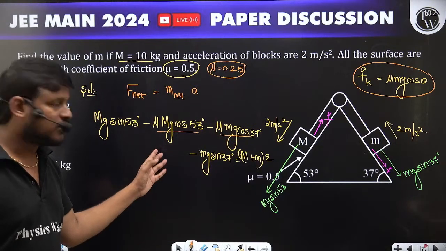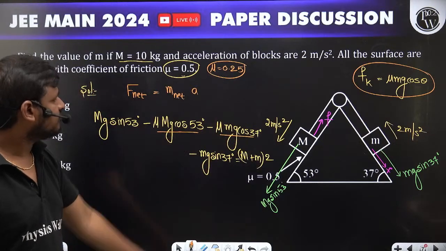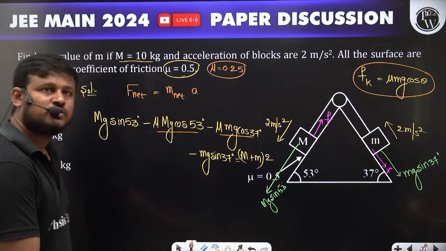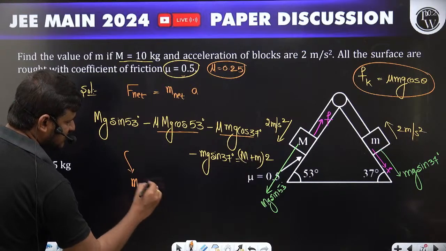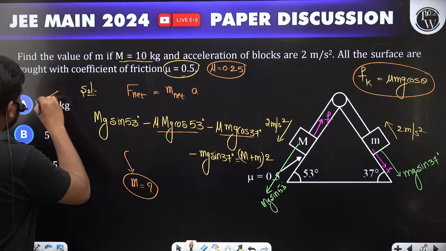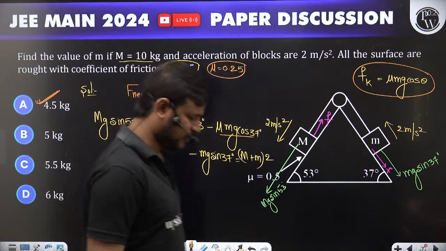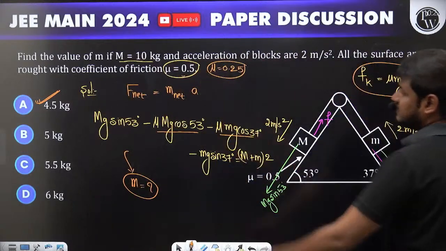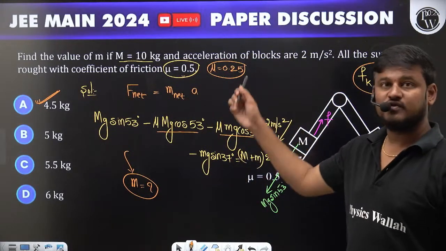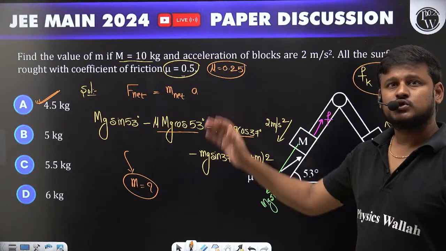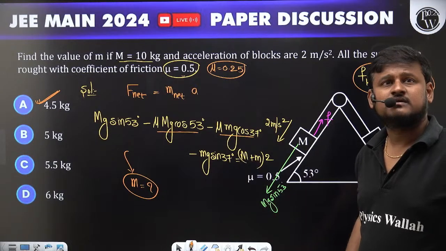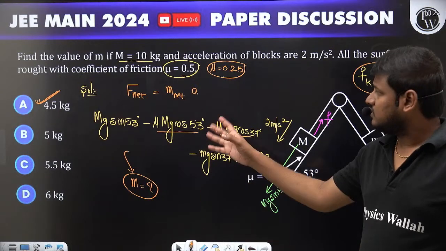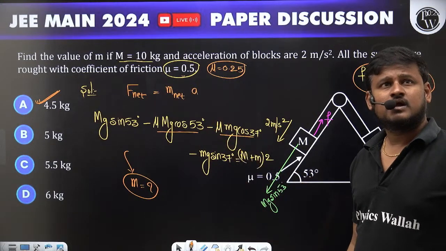So the only unknown will be the small m, so you can find it. As per students, they are saying it's 4.5 kg. I am considering it as 4.5 because I don't know the exact value of mu, whether it is 0.5 or 0.25. So you guys can take both. Where you are getting the correct answer, you can just check. Done?